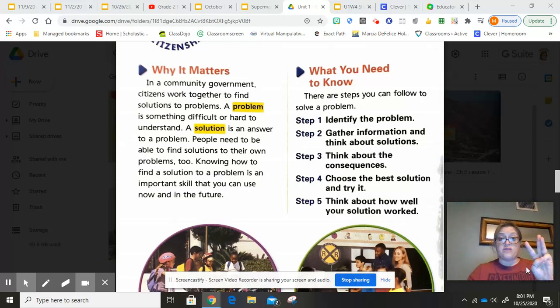Then you're going to do 3 things for me. You're going to identify the problem. You're going to start thinking of some different solutions, thinking of the consequences if you decide to do those solutions. Okay. And then at the end, I want you to pick the solution that you think is the best for all people involved in the problem. And you're going to click right next to where this video is. It says Flipgrid.